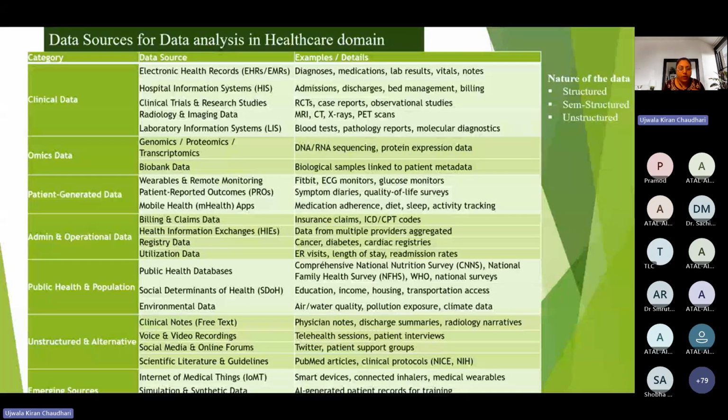So a variety of data is generated, and we can integrate these different kinds of data to improve our accuracy. It will not necessarily be just imaging. Along with that, we may take data from the patient, which describes the symptoms, or from the clinical expert, which describes the symptoms of the patient, and then we may consider laboratory data, which gives the details about blood tests or pathology reports.